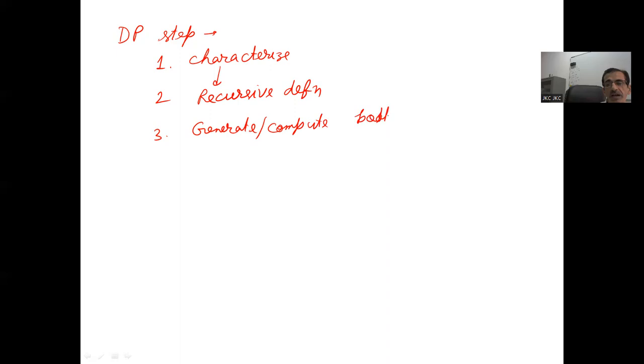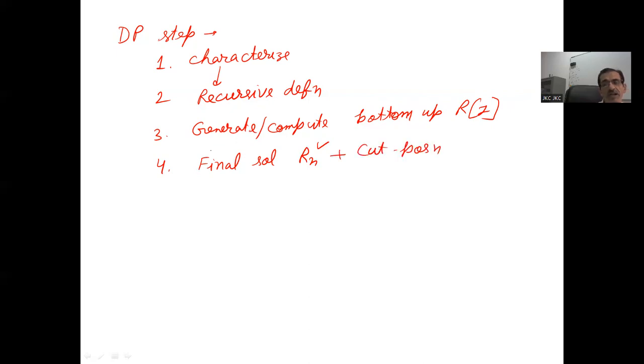I calculated Rj bottom-up. And then finally, I generated the final solution. If required, that means Rn definitely, and if the cut positions are also required, they can be prepared using the above step.